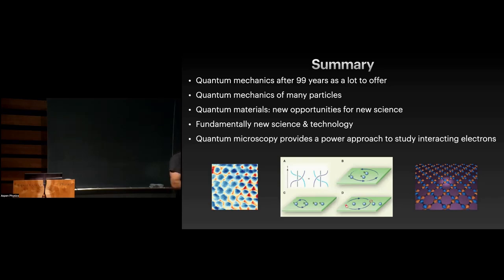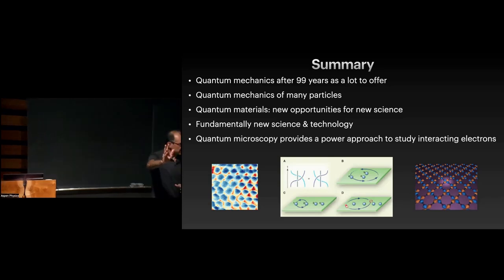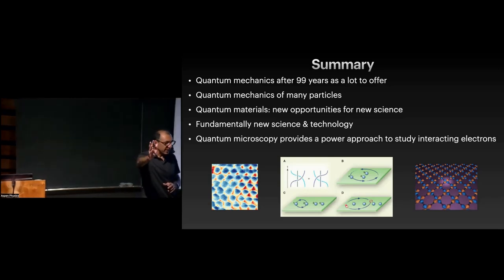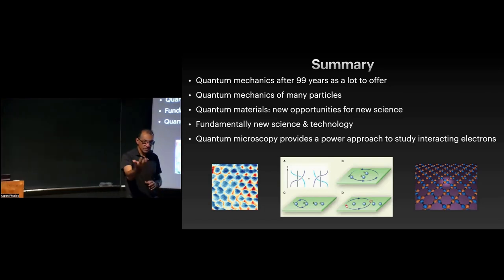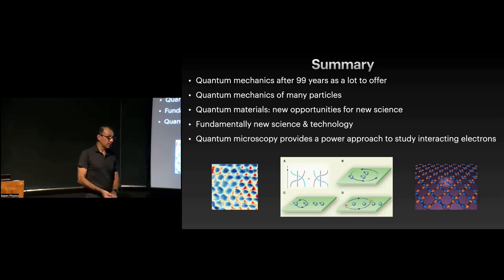The way this field works, people don't realize, is that whenever we make a discovery, 5 to 10 years after that, technology just emerges, because it's stuff you can hold in your hand and put together in devices. And I think this is the important message: applying quantum mechanics to understanding materials just keeps paying off. Of course, I didn't talk about light, which is another part of quantum phenomena that has paid off in spades.